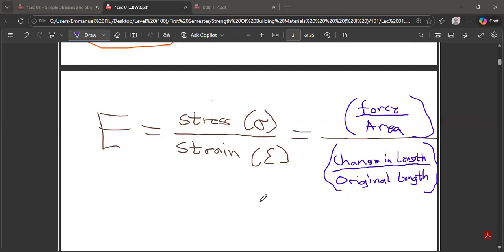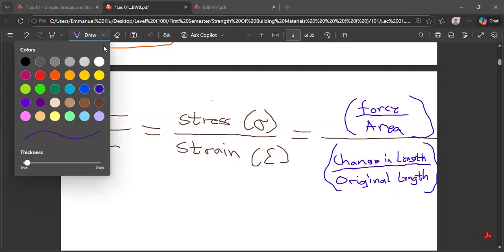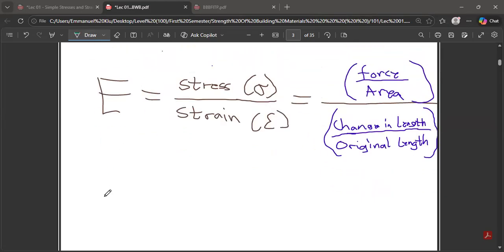You see? So these two, at the end of the day, if I want to just work with symbols alone, still it can be expressed in terms of this. At the end of the day, please, let's learn how to do the change of subject. It is really going to help us very well.